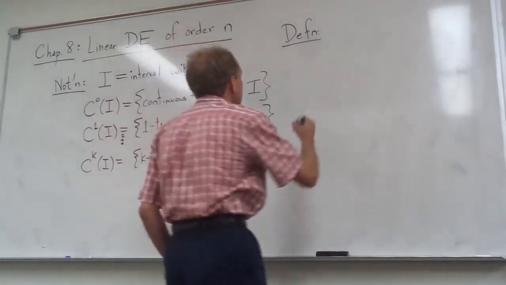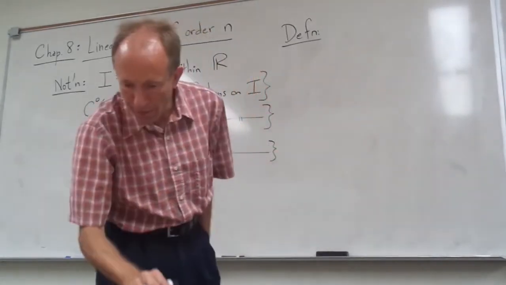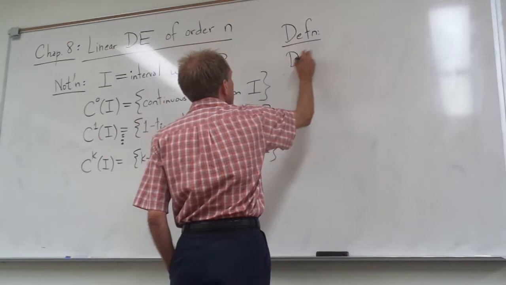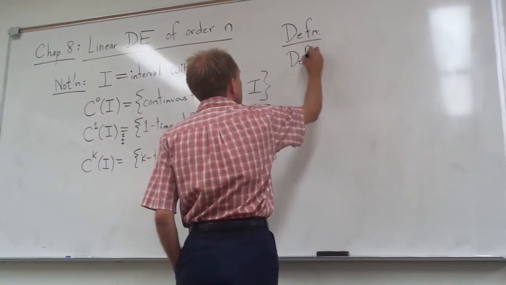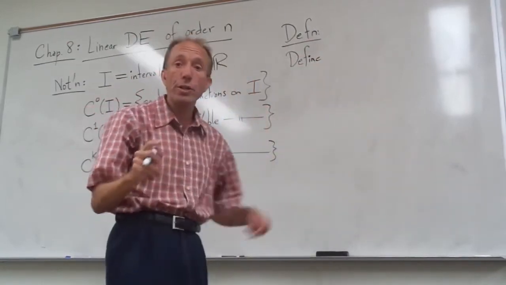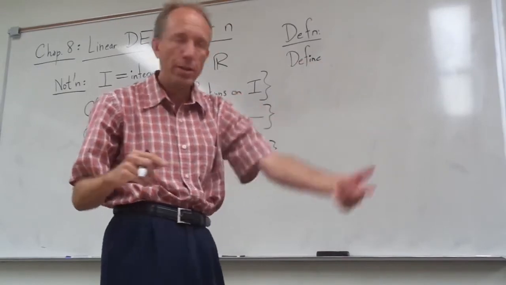I want to go back to the function that we've actually looked at before when we were studying linear transformations. It's the function that just takes derivatives of the inputs.